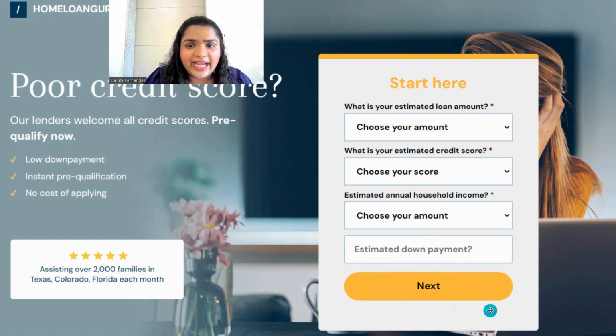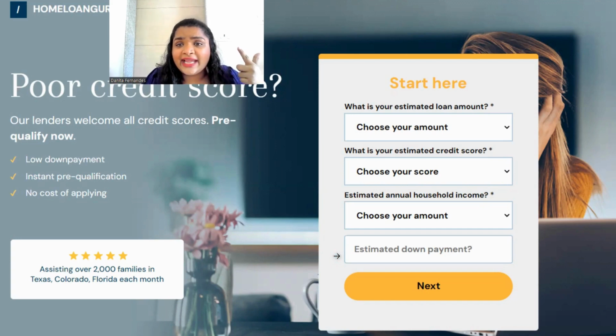Next. Now tell me, does this CTA have any of the elements we just discussed? Is this CTA action oriented? I don't see action. Is this clear? All right, it's clear. Next. But I don't know what next, so it's not really clear.